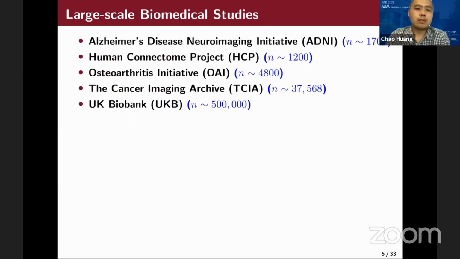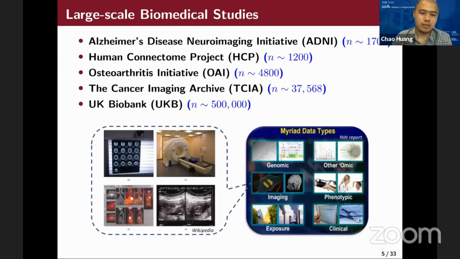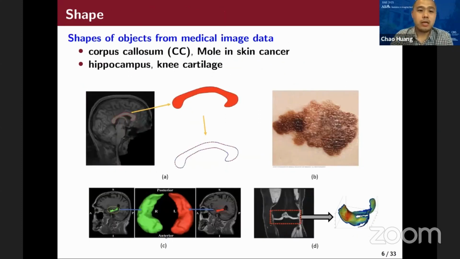First, background. As we know, recently a lot of large-scale biomedical studies have come out with different kinds of imaging modalities. These days we have a lot of data sets with different kinds of medical imaging. For all these medical imaging data, we are interested in some objects extracted from them.